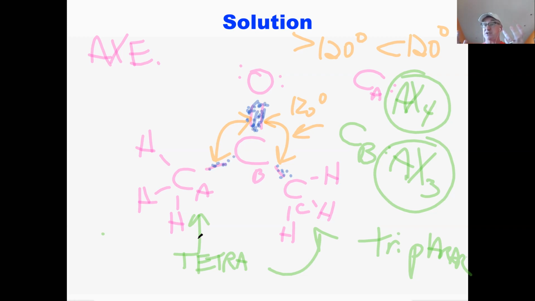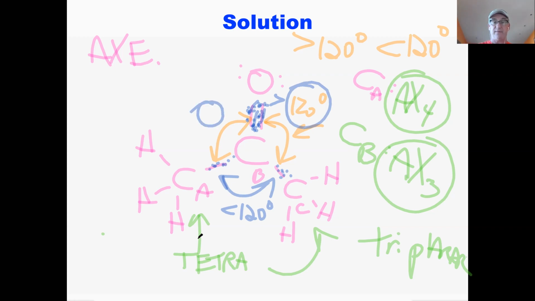Since there's twice as much electron density, it pushes those two CH3 groups slightly further away from it. So this angle will be slightly more than 120 degrees, and this angle here will therefore be slightly less, because they all have to add up to 360. So let's see if we are right.